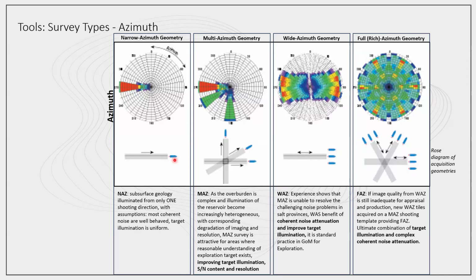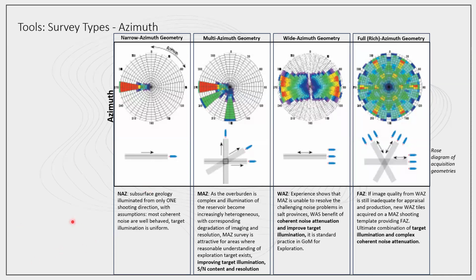Any seismic program, as we all know, is looking to enhance the seismic quality and to improve signal to noise ratio. And this is through azimuth and frequency.